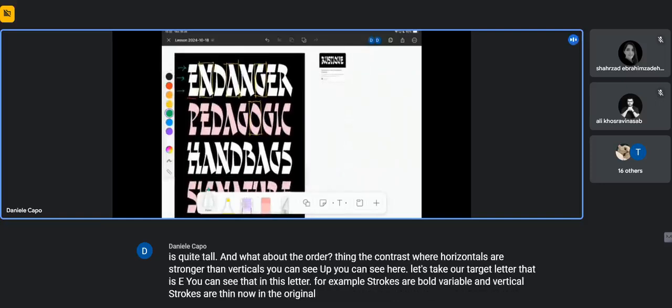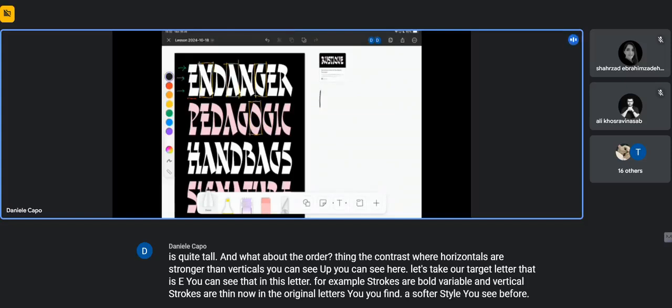Now, in the original letters, you find a softer style.